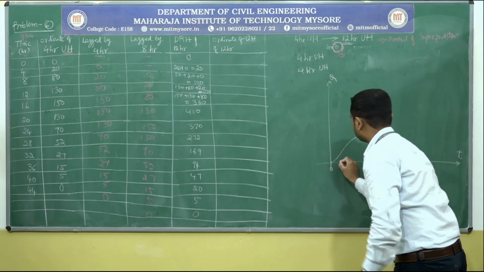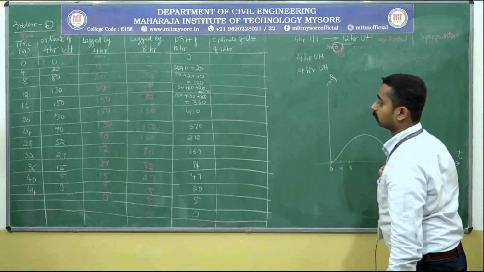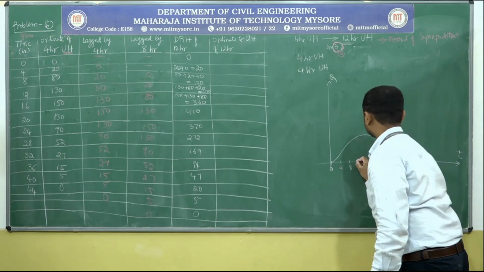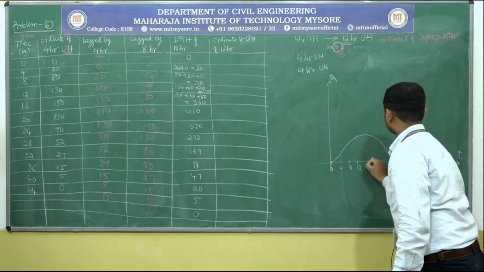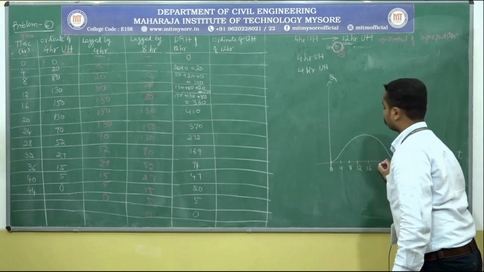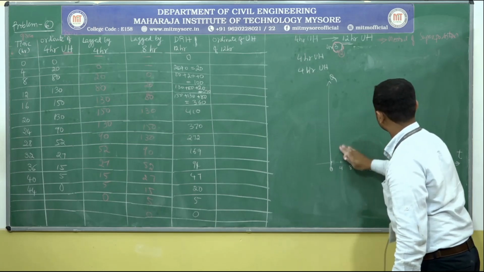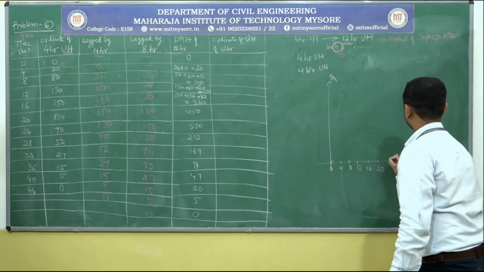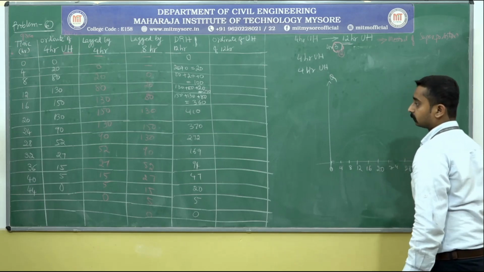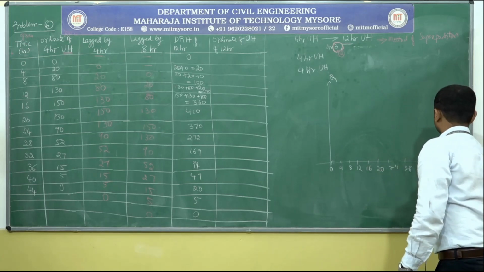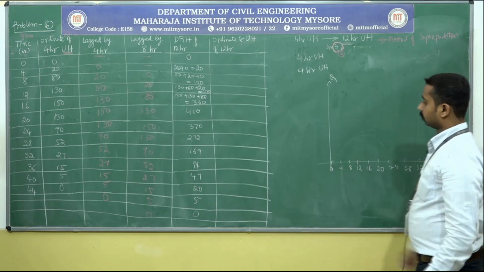This is 0, next is 4, then 8, up to 44: 4, 8, 12, 16, 20, 24, 28, 32, 36, 40 and 44.